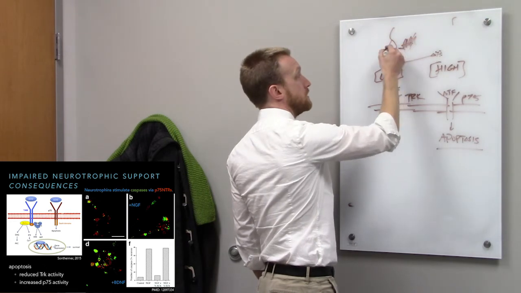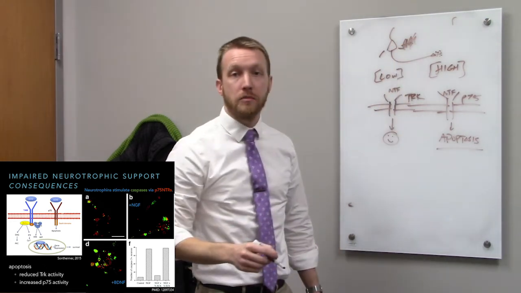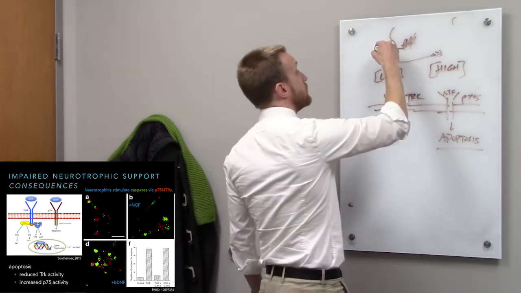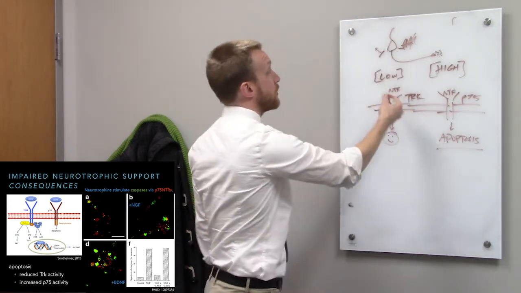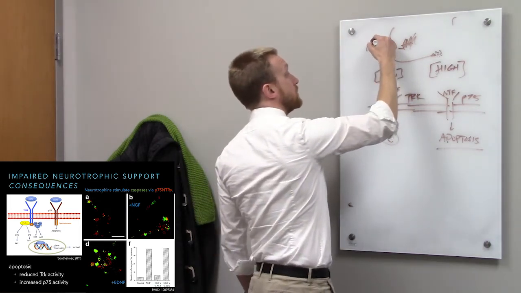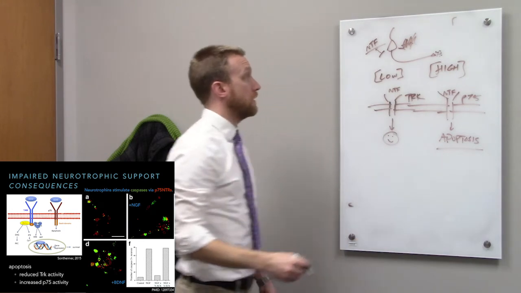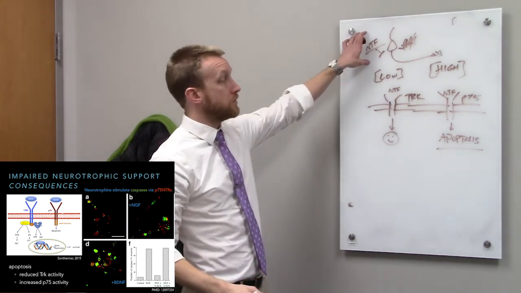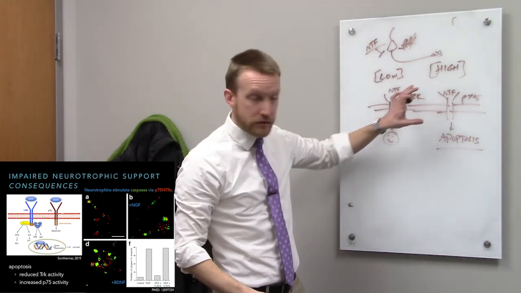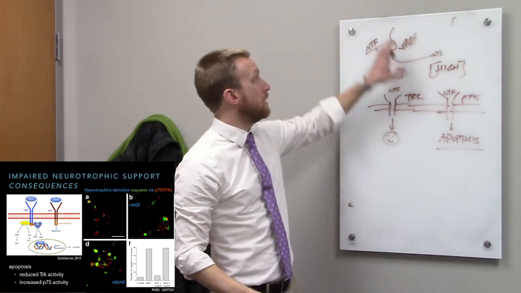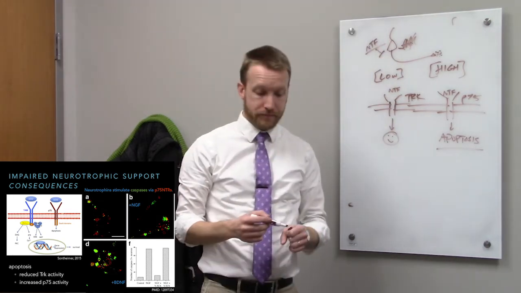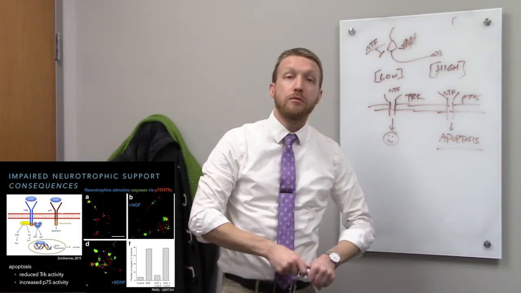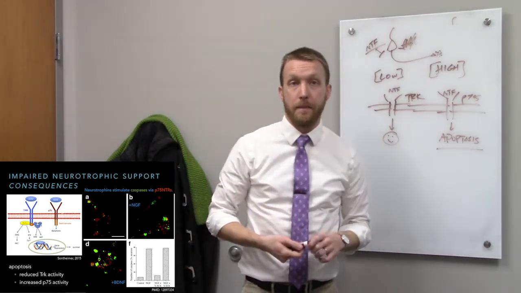It can be toxic to this cell too with all that ion movement that's going on. But it can also be toxic retrogradely by spitting out too much neurotrophic factor. If we spit out high concentrations of neurotrophins and stimulate P75, we can trigger apoptosis in that presynaptic neuron. And that's what we're seeing in these data.